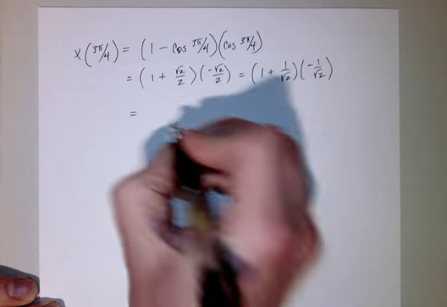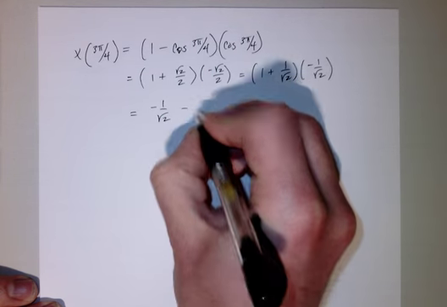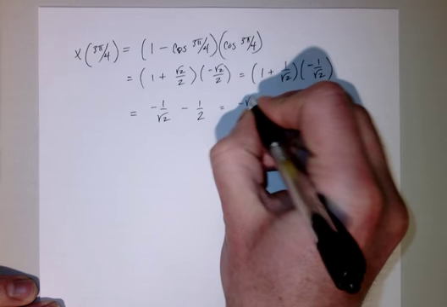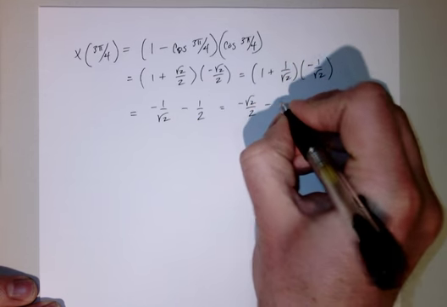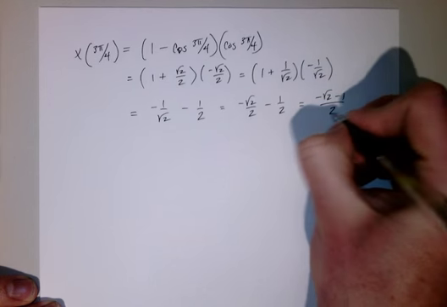And so that winds up being negative 1 over root 2 minus 1/2, or if you want, negative root 2 over 2 minus 1/2, or negative root 2 minus 1 over 2, right?